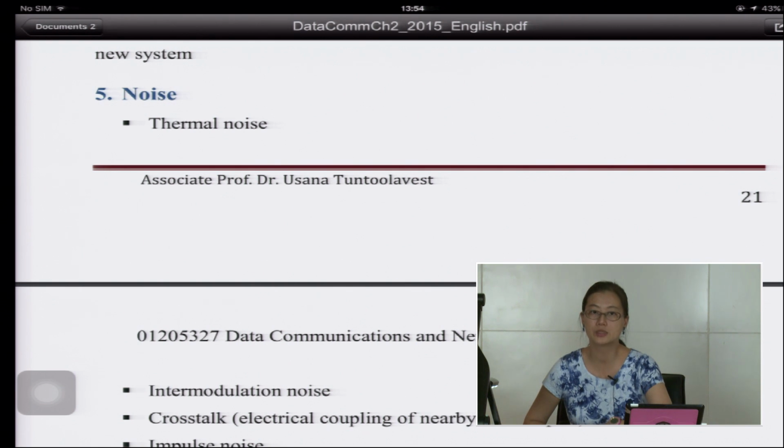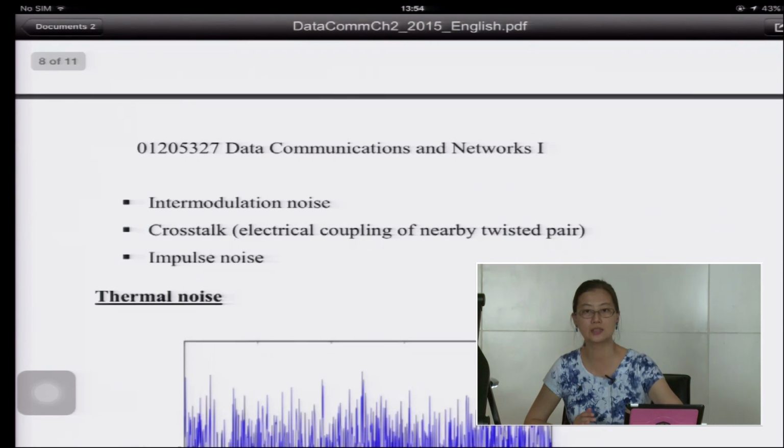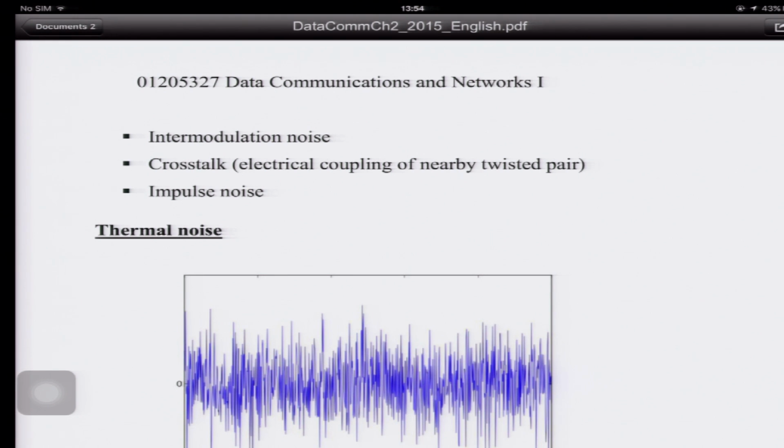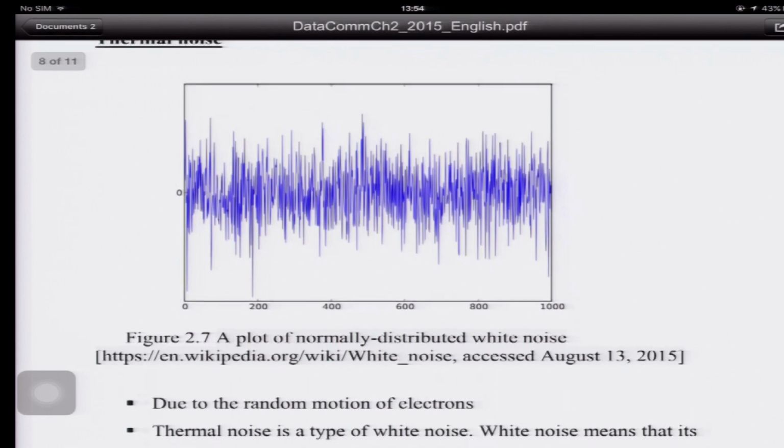If you had absolute zero, 0 degrees Kelvin, then you would have no thermal noise. But since we cannot go to absolute zero, we always have thermal noise. This is a noise that increases with temperature. Next is the intermodulation noise, and we talked about crosstalk and impulse noise. Now let's look at the thermal noise first.